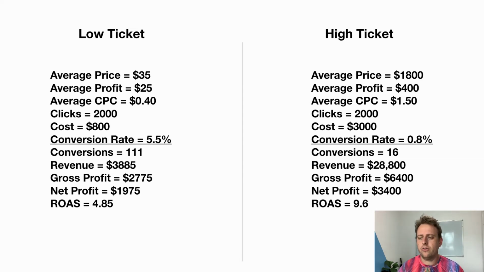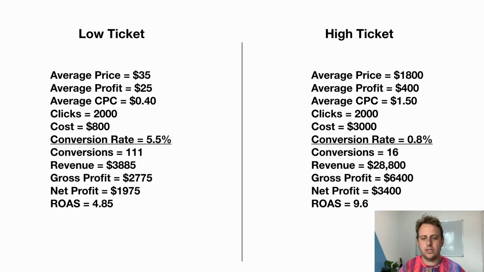What I see a lot of is people running high ticket product businesses, selling things with a high price, and in this example I've got an average price of $1,800. They're always worrying about what's my conversion rate. I've heard of this guy on a Facebook group who's got a 5% conversion rate. And then you ask them, okay, what's this person selling? Oh, well, he's selling toothbrushes or, I don't know, fidget spinners or some rubbish like that.